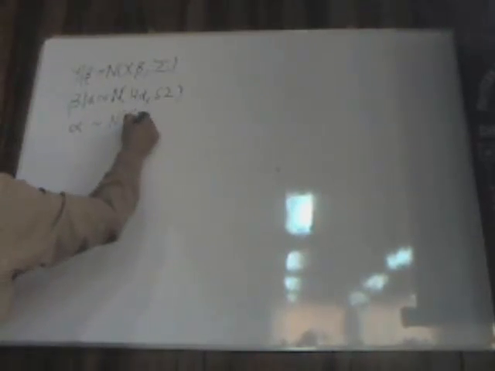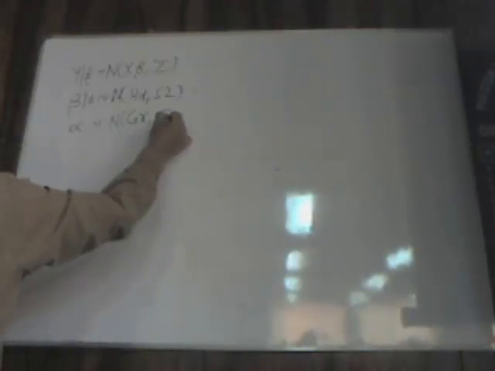And then alpha is normal with mean g gamma and omega 2. So now, what does the theorem say? What is the posterior density of beta given y? This is what we want.